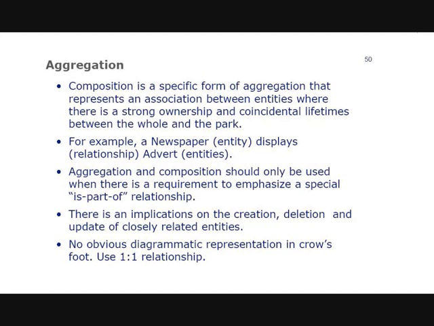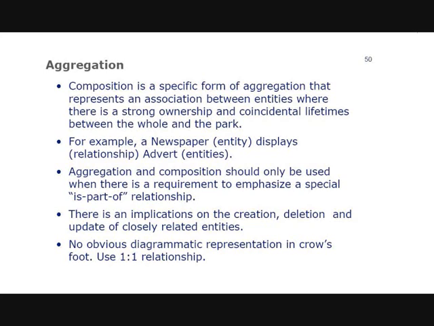The newspaper has some kind of responsibility for the artworks in terms of creating the objects, destroying the objects, amending the objects. So there is some coincidence in the lifetime between the parts and the main object. Okay, so in that case we're talking about composition.